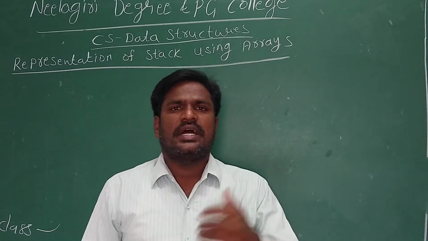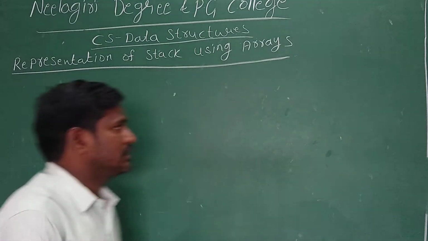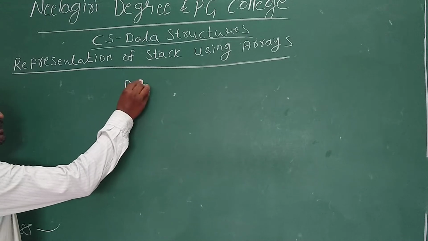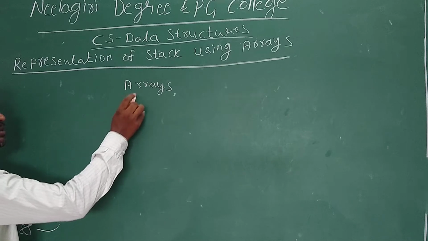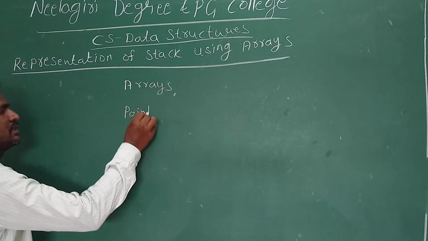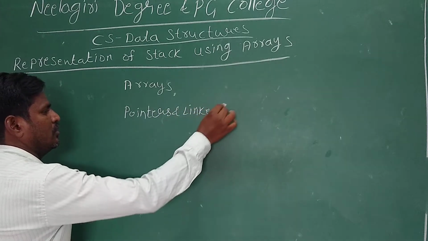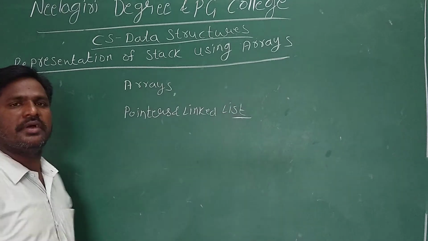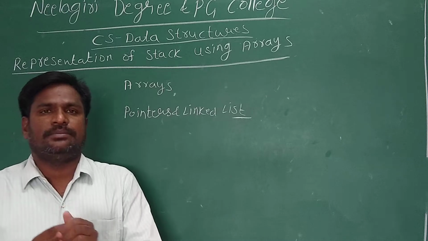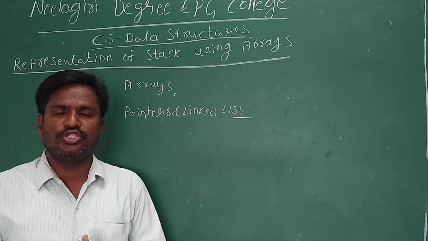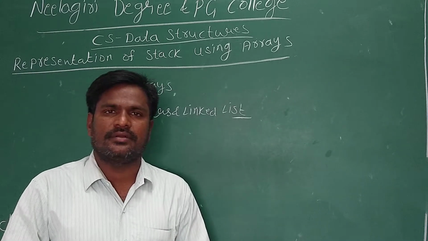So generally, a stack can be represented in two ways. One is by using arrays, and another one is by using the concept of pointers and linked lists. In a previous class we studied that data structures are of types: primitive, non-primitive, linear, non-linear, static and dynamic.